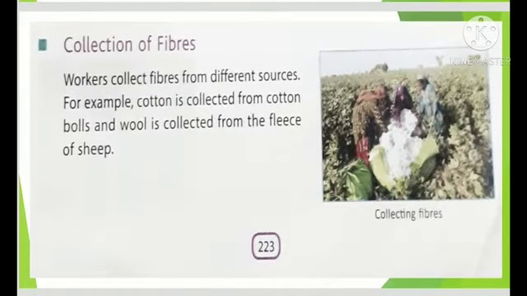Such types of fibers are collected from different sources. We are going to read the text given in the book about collection of fibers. Workers collect fibers from different sources. For example, cotton is collected from cotton balls and wool is collected from fleece of sheep.